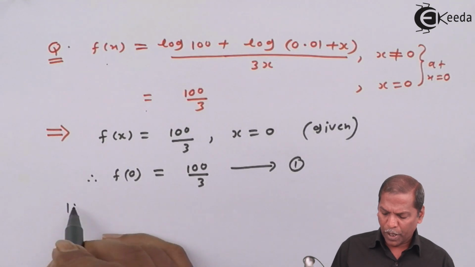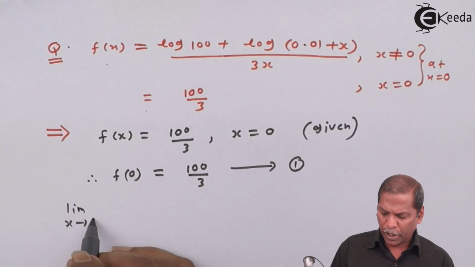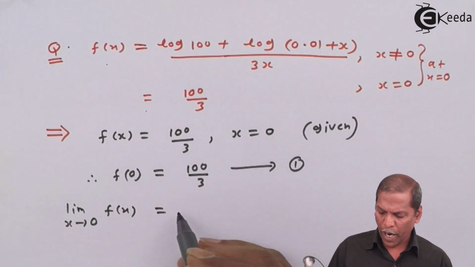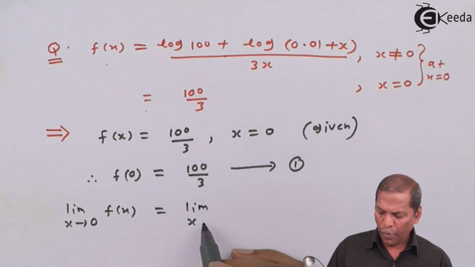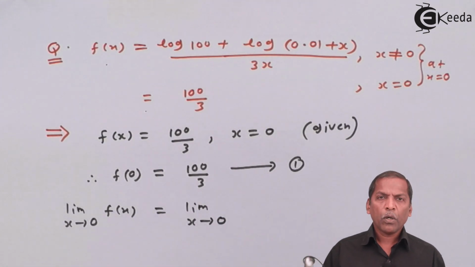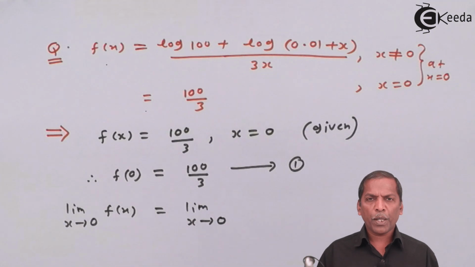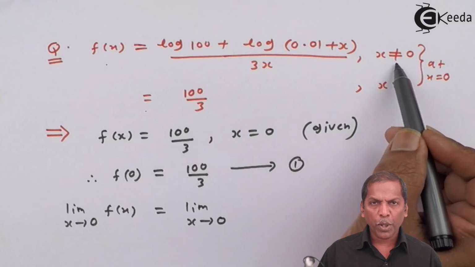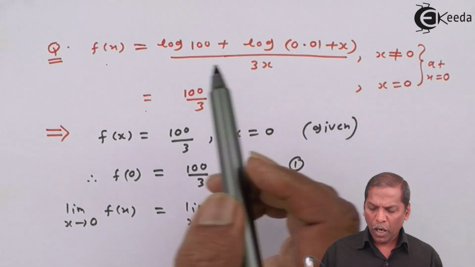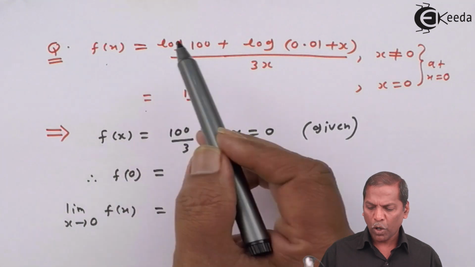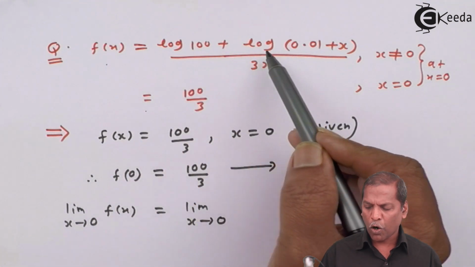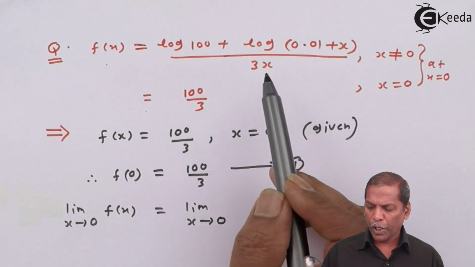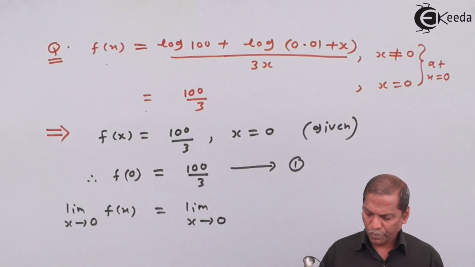The next step is limit x tends to 0 f of x. Now x tends to 0 means x not equal to 0, and for x not equal to 0 we have given f of x is equal to log of 100 plus log of 0.01 plus x and whole thing divided by 3x.